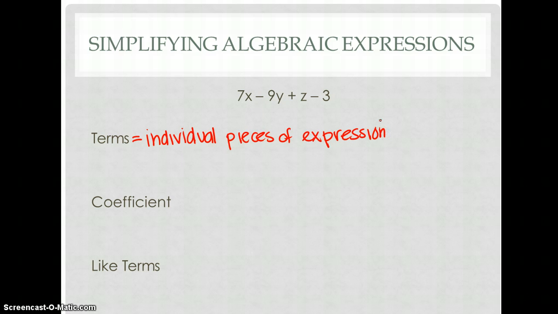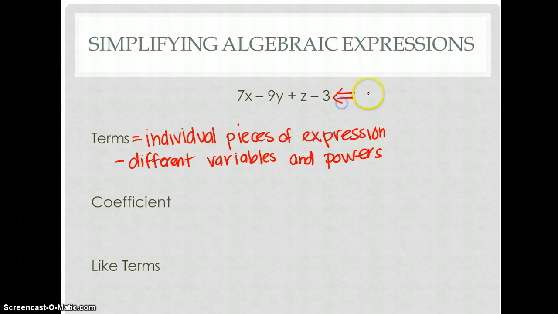So what makes each individual piece different? Different variables make different terms, and also different powers of variables make different terms. So this example up here would have 4 separate terms: an x variable, a y variable, a z variable, and then a constant term. So that's 4 different terms.